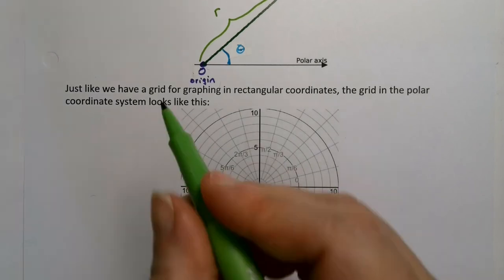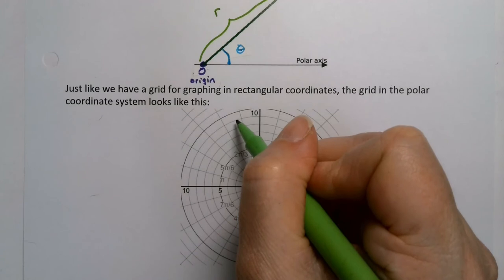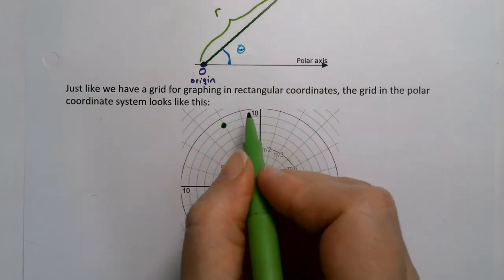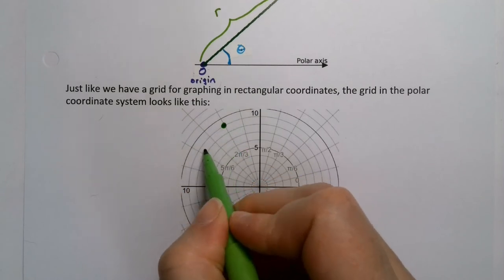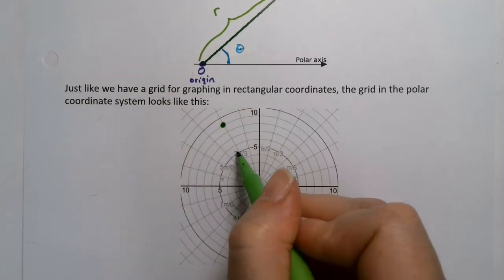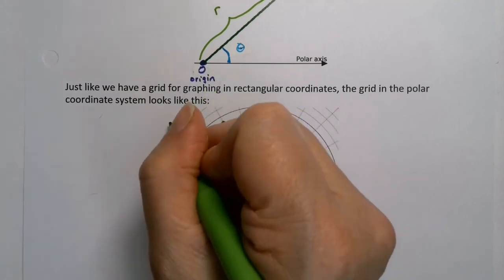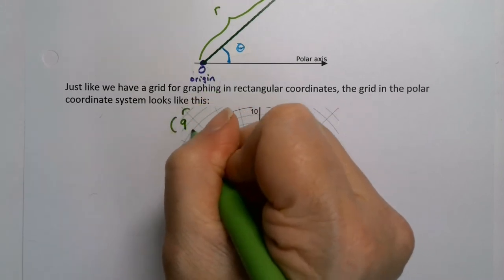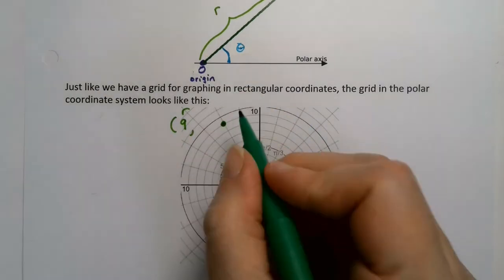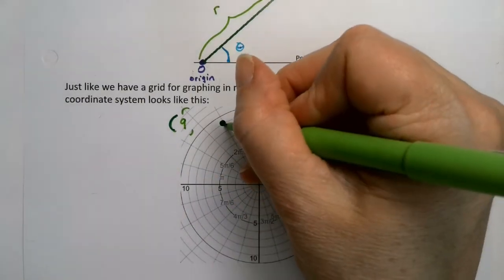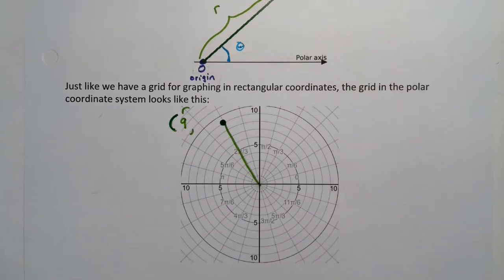So for example, if I want to get to this point over here, well, I can tell you right now that the r value is 9 because I'm on the 9th ring. So 1, 2, 3, 4, 5, 6, 7, 8, 9. So that's 9. That's my r value. And then what's my theta value? What's the angle? Well, let's think about this. I want to go back to the pole right there.